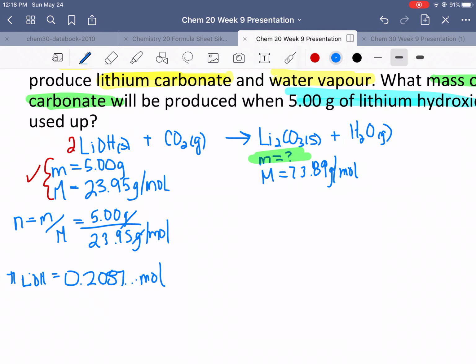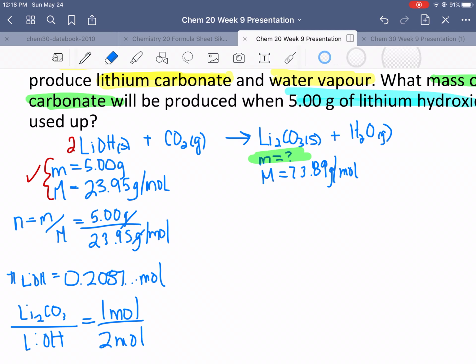All right, going through this then. My mole ratio here states that the lithium carbonate, the required, what I'm looking for, compared to the lithium hydroxide is equal to a 1 mole to a 2 mole ratio. And again, the way that I got that is I looked at what's in front. This is a 1. There's nothing written there, but it's like in math.